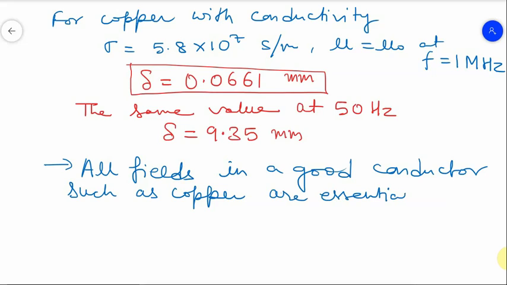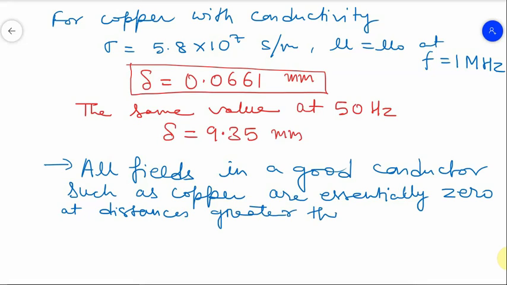So fields are essentially zero at distances greater than a few skin depths from the surface.